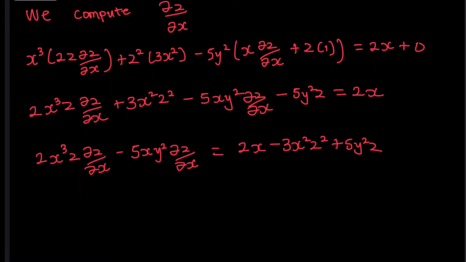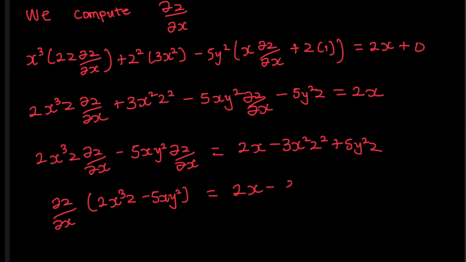So we can now factorize the ∂z/∂x from the left hand side. That will give us ∂z/∂x into brackets 2x cubed z minus 5xy squared is equal to 2x minus 3x squared z squared plus 5y squared z.